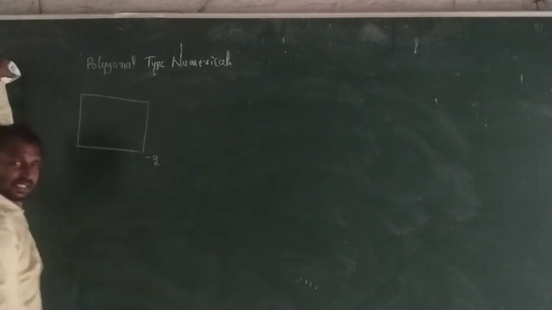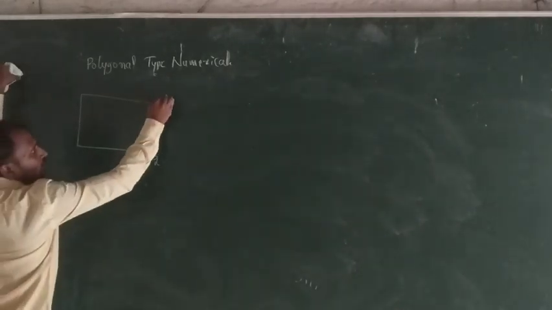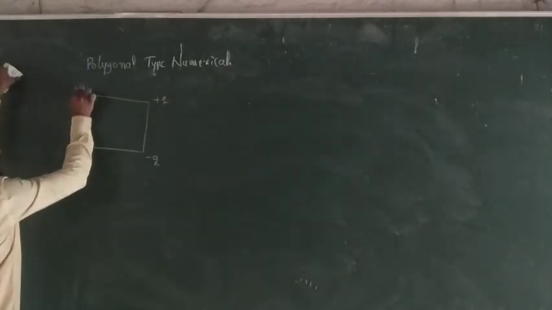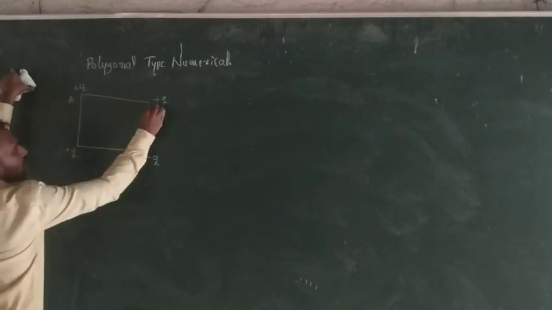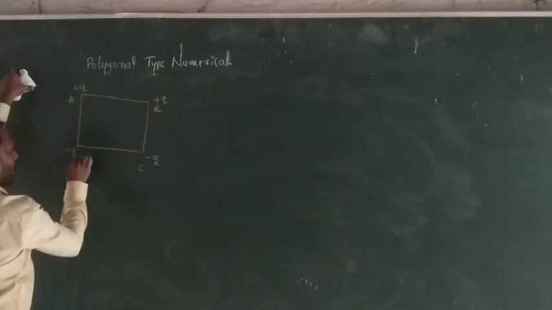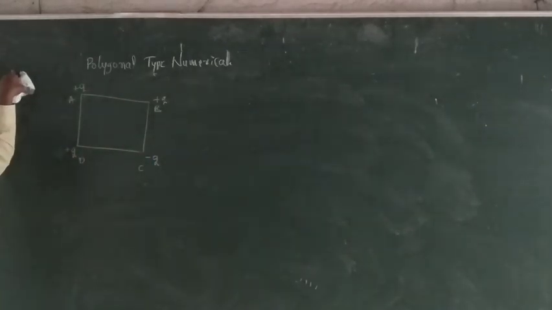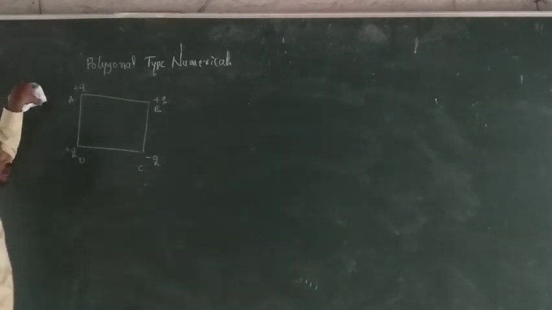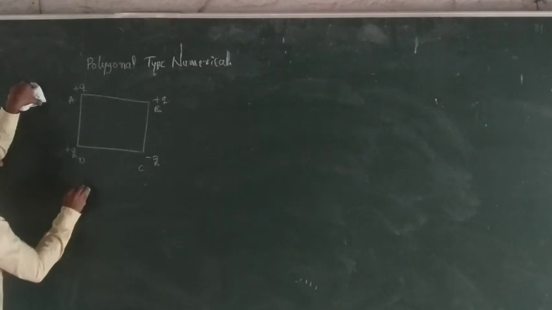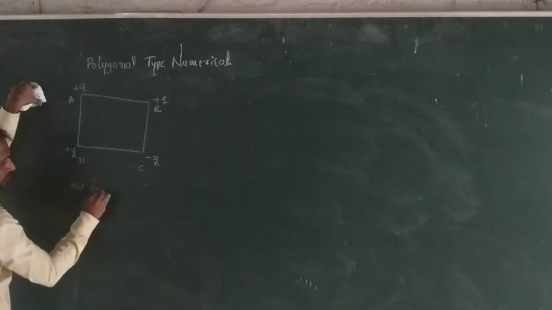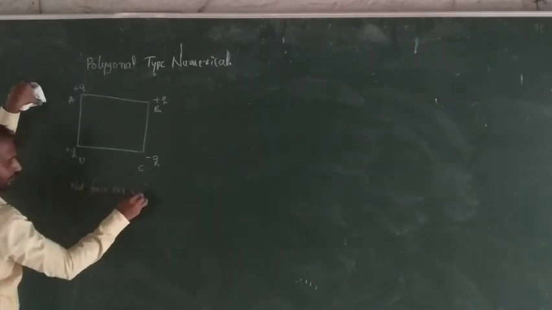Here we consider minus Q and plus Q and plus Q and here plus Q. The positions are A, B, C and D. We want to calculate the net force on C.